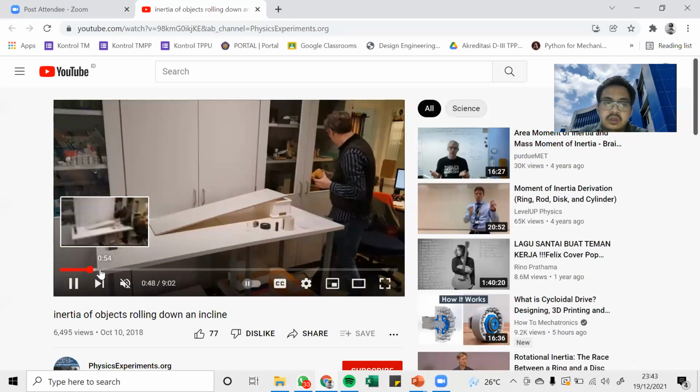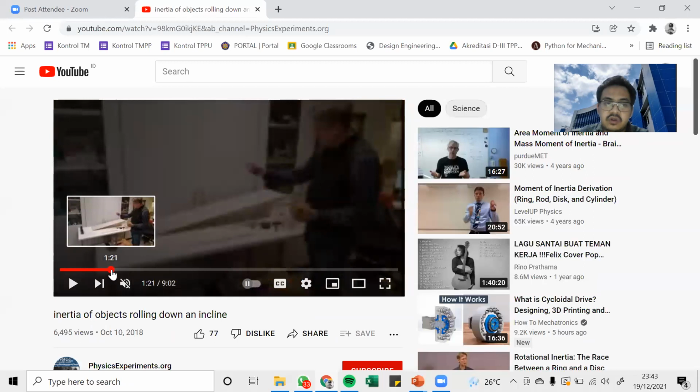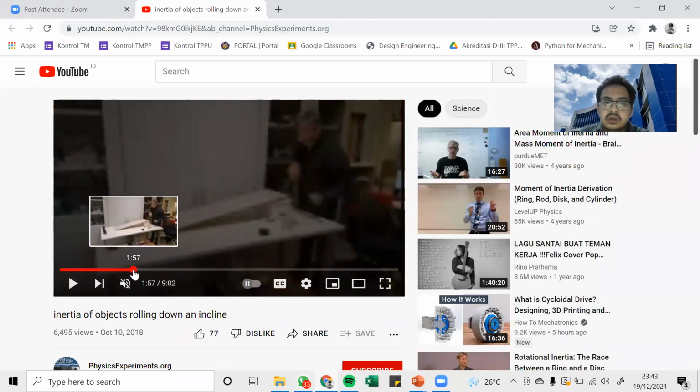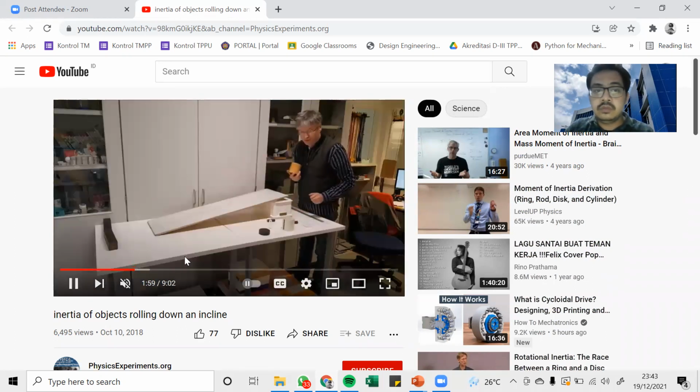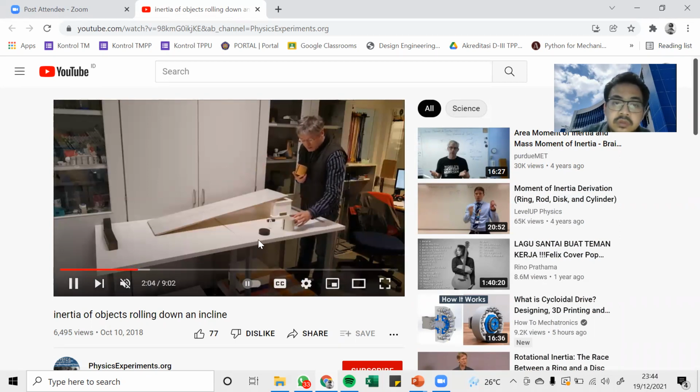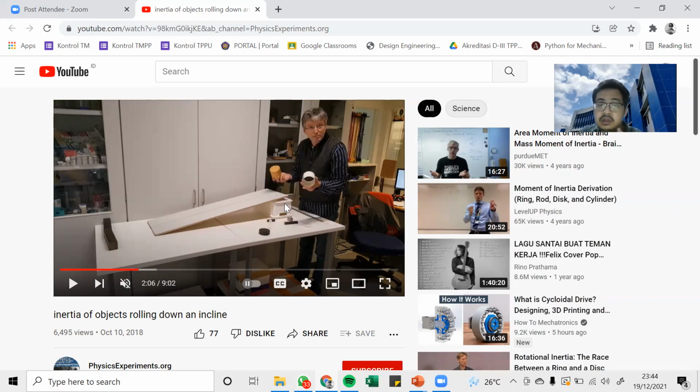So the important thing for you guys is, you can always look for this video because I will share the material via PDF. You can watch the full video if you click the link. But this one is important. We want to compare these two cylinders. This one we can consider as solid cylinder, and this one is a hollow cylinder or a hoop. Yeah, we don't know the mass, but just see.